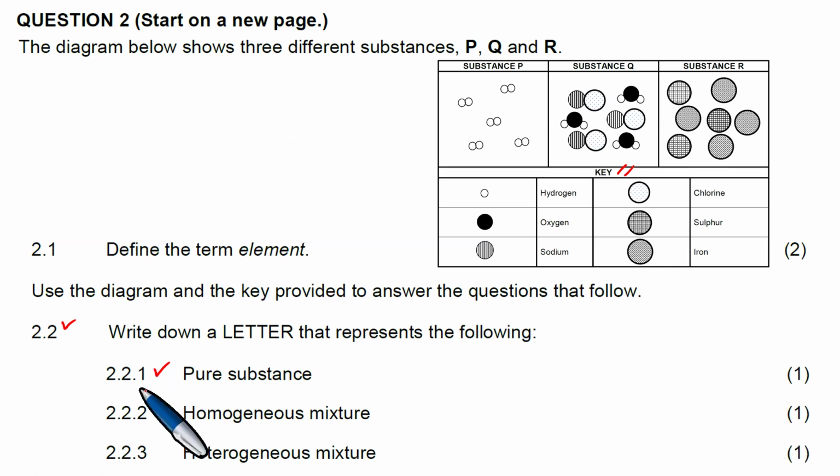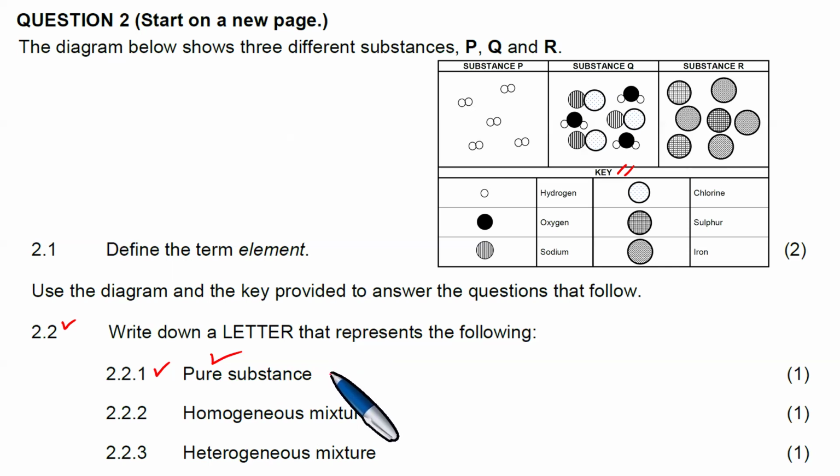Now remember that a substance is pure if it's not mixed with anything. Pure water does not have sugar, because once the water has sugar, then it's not pure. See substance P. Well done, substance P is a typical example we want.